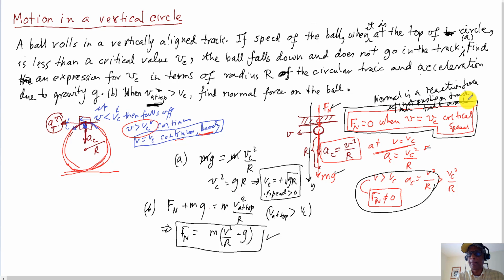That's the logic. Once you get that, doing F equals ma is very easy. And that also says that if the speed is greater, then of course the ball has to be pushing, and the track will push back. So this is not that hard.